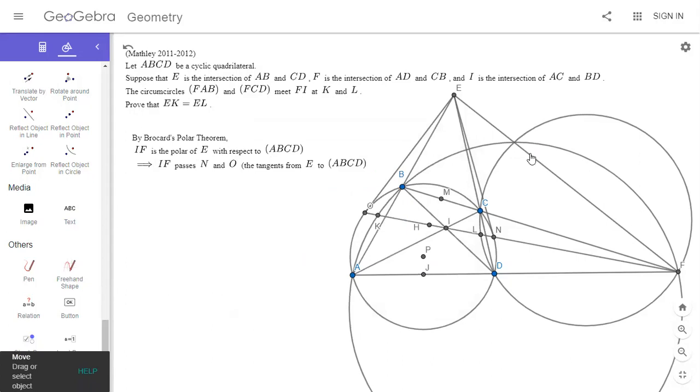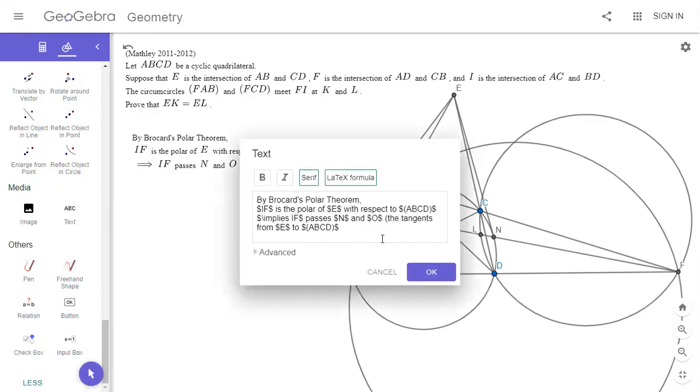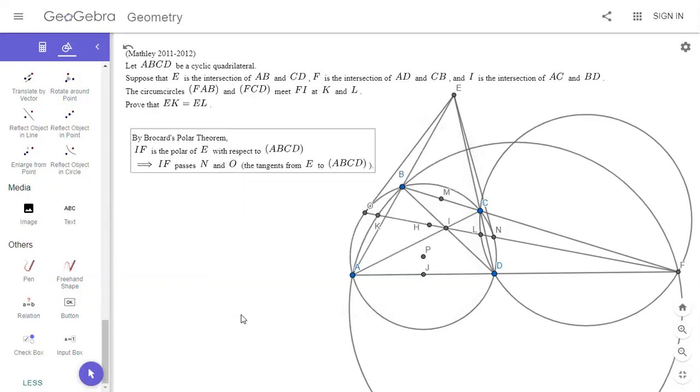And I wonder if I even need the Miquel point actually for the solution. I don't think I do.